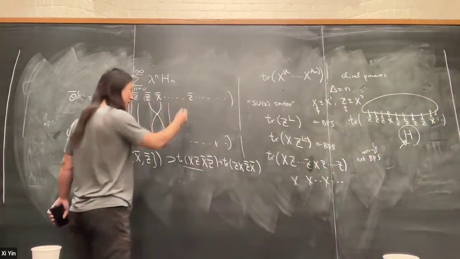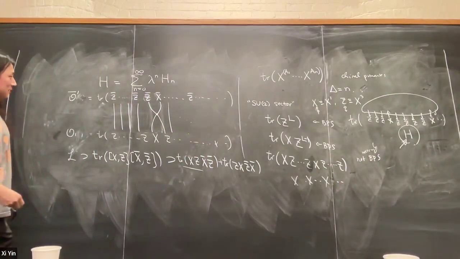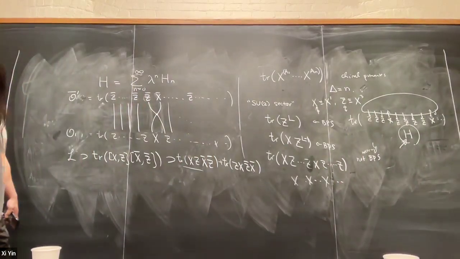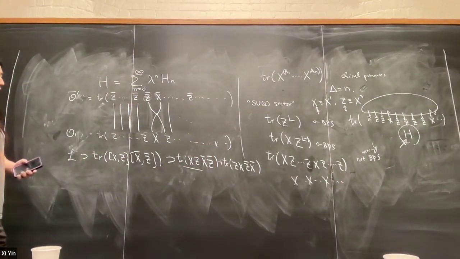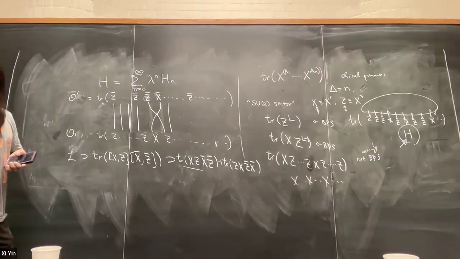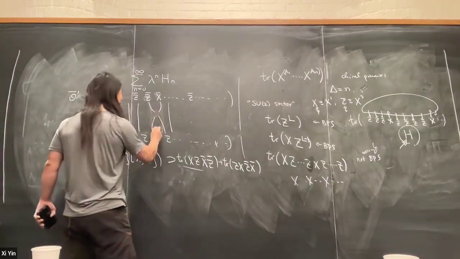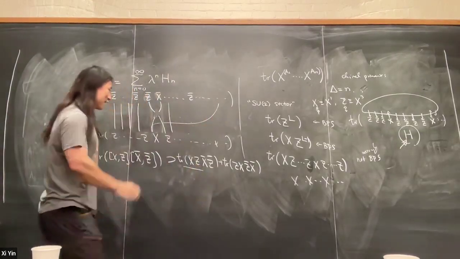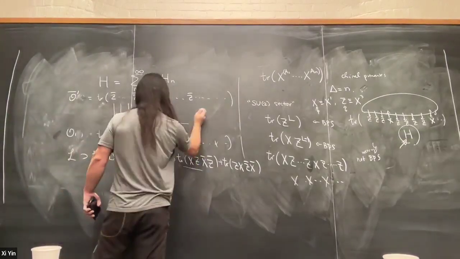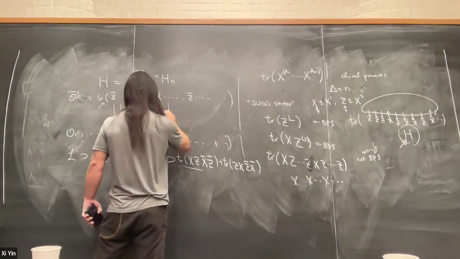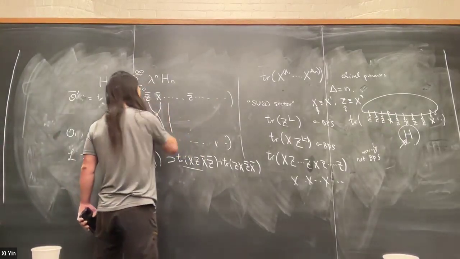Now, of course, if you consider a two-loop diagram, you can have next to nearest neighbor interaction, and so forth. But at L loop order, you can only have L nearest neighbor interaction. Now, of course, you can try to draw a diagram and bring this X all the way over there, but that's not planar, so that's not allowed. At planar order, you can only hop by one site at a time for each loop.